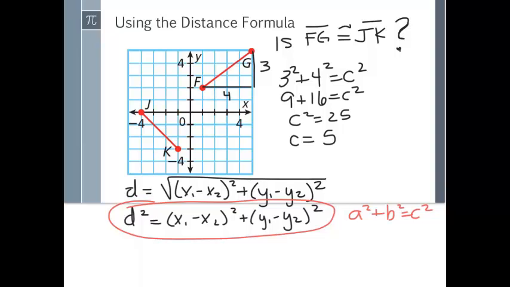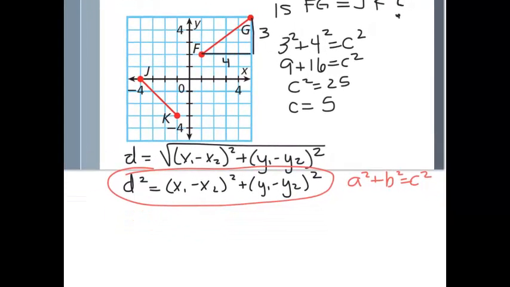Okay, but we'll use the true distance formula with the square roots and everything to calculate the distance from J to K. It doesn't matter because we're squaring it. It doesn't matter whether we choose J as x1, y1 or K as x1, y1. So I'm just going to start with J because it's on the left. The x-coordinate of J is -4.